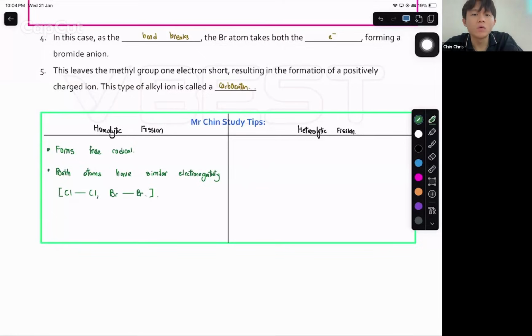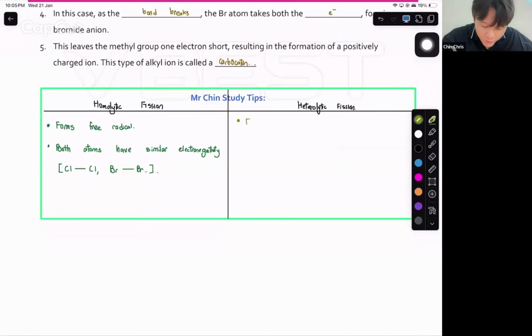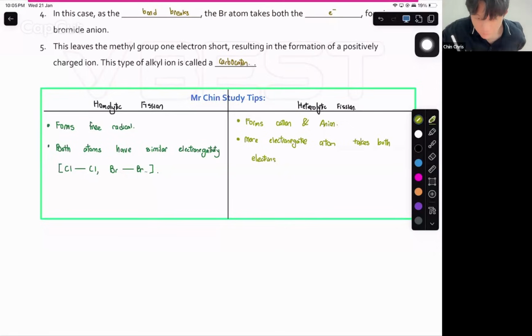All right, guys, the next part is heterolytic fission. For heterolytic fission, it doesn't form a free radical, but it forms a cation and an anion, remember. The next thing is the more electronegative atom will take both electrons away. For example, Cl will take both, F will take both, O will take both.